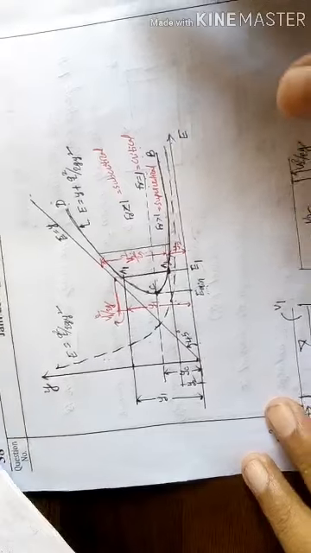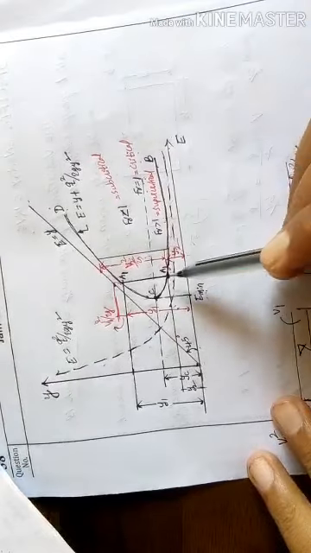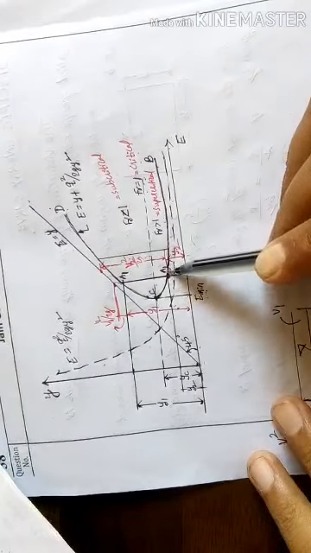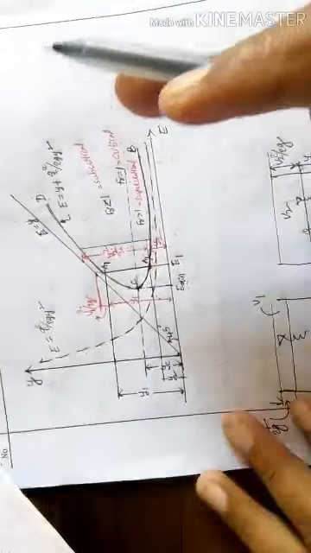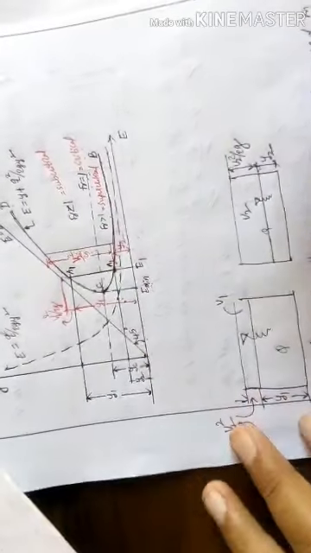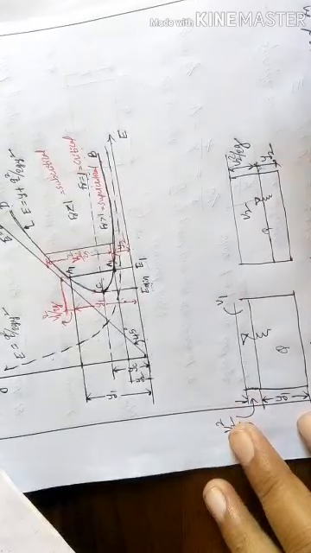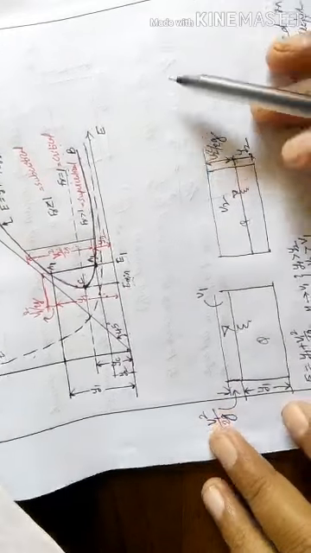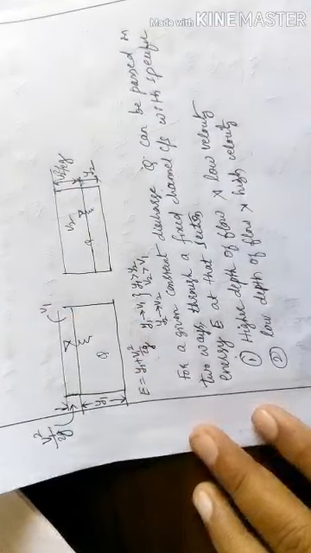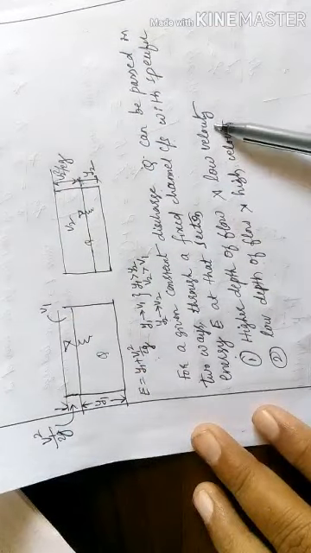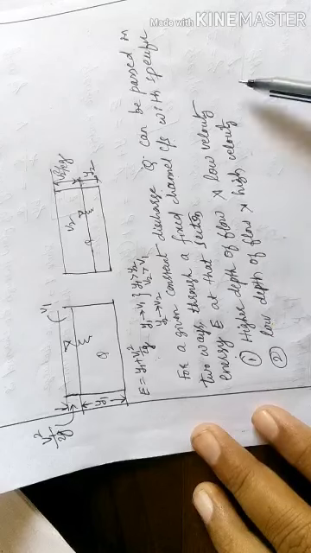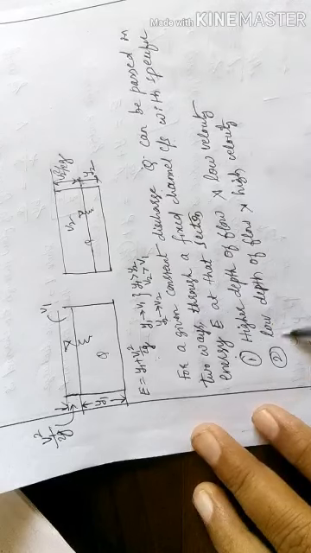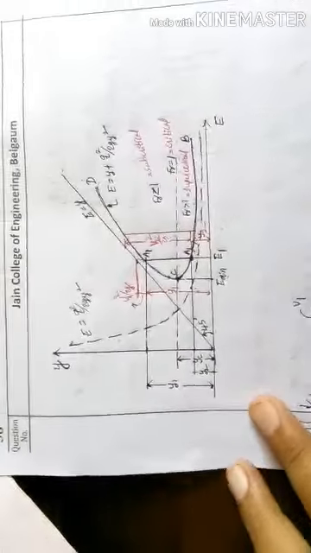The two alternate depths represent the same specific energy, meaning the discharge can be passed in two alternate depths without changing the energy. So one way of passing is a higher depth of flow and low velocity, and the other way is a lower depth and higher velocity. This is the concept of this curve.